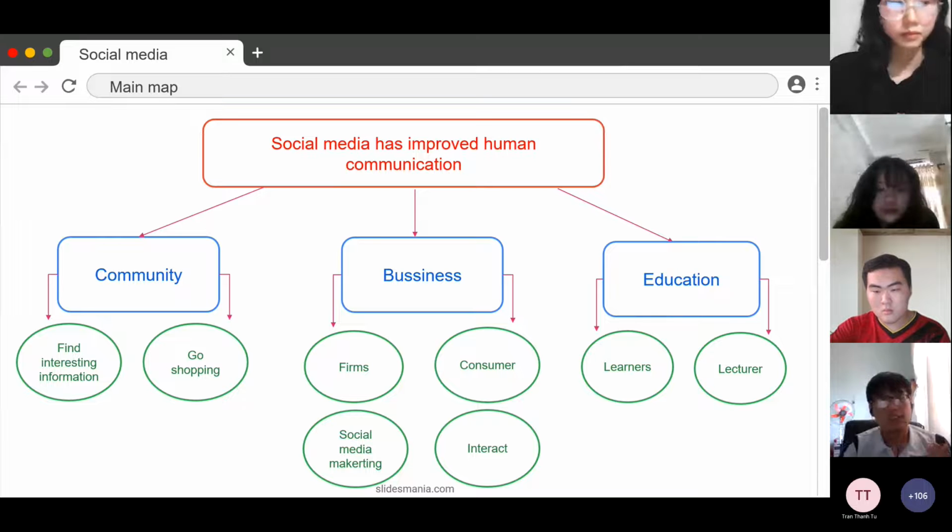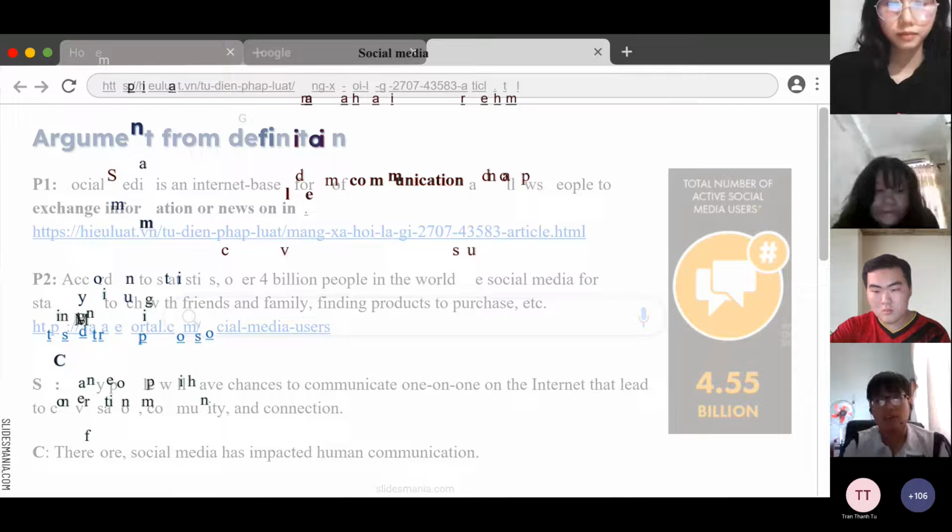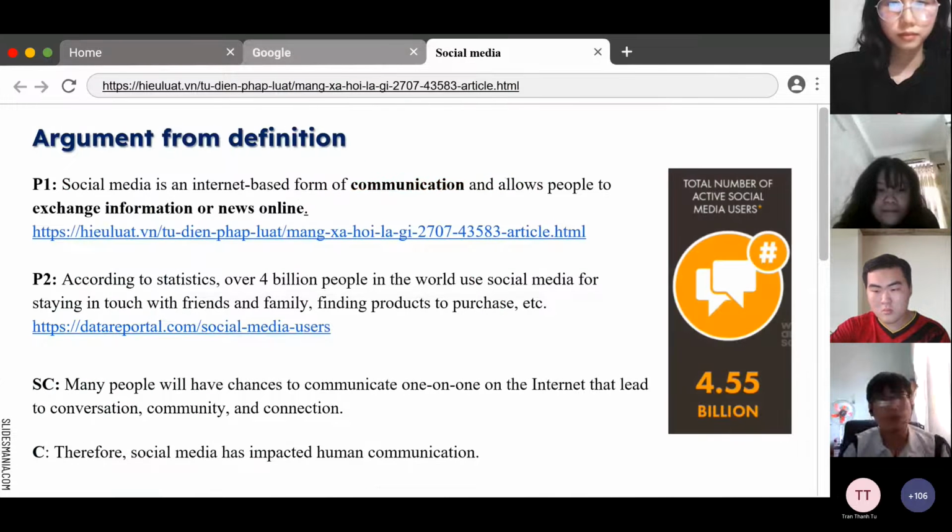So now let's get started. First, I will explain to you what social media is. Social media is considered an internet-based form of communication and can allow people to exchange information and news with each other.